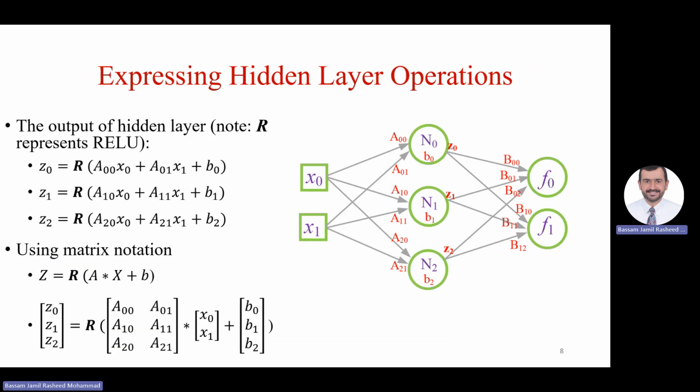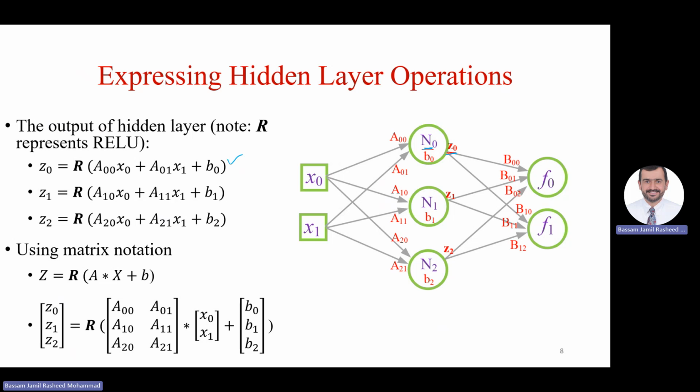So now we can express the operation of this neural network. Every node here is producing an output Z. So node N0 is producing Z0, and this is the equation for how we do it.